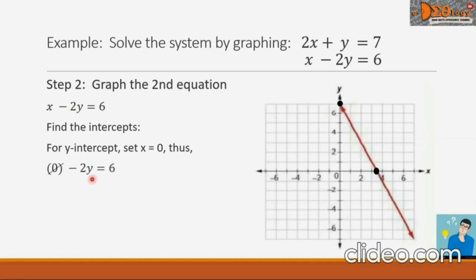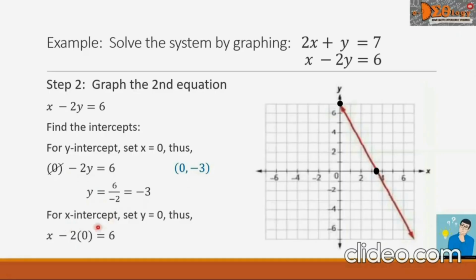Let us divide the whole equation by the coefficient of y, which is negative 2. So we now have y equals 6 over negative 2, and when we simplify this, we get negative 3. So the ordered pair for the y-intercept is (0, -3).